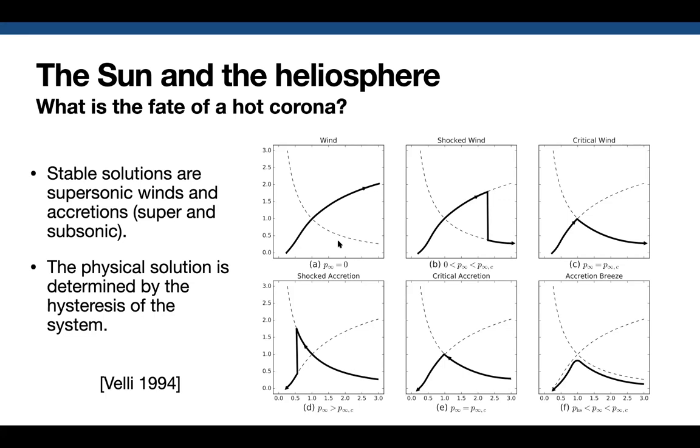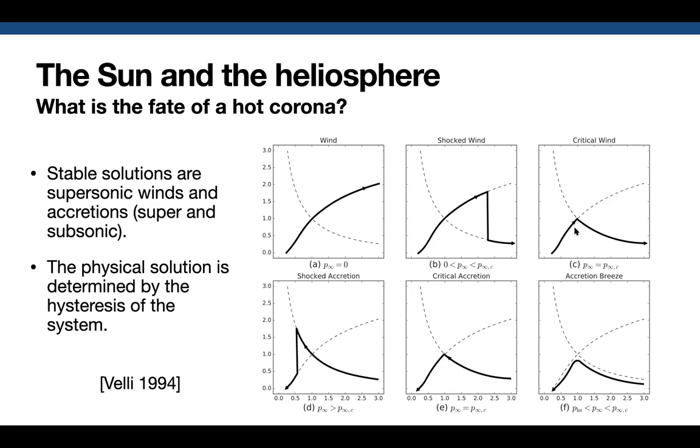For instance, if we play with the pressure at infinity, so very far away. If we have zero pressure, we will have the classical wind solution, an expanding supersonic wind. Then we start increasing this pressure, and we consequently create a shock, and this shock goes inward and inward as we increase the pressure at infinity until we reach this critical wind solution.